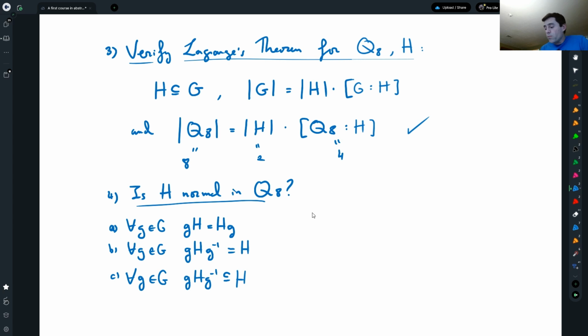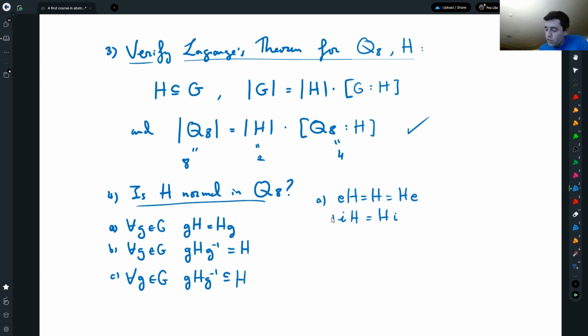So we can actually just check A directly in this case because we have seen that for the identity, of course, I just get H, and that is the same as the right coset. But I have also seen that the left cosets are just the right cosets in all cases.